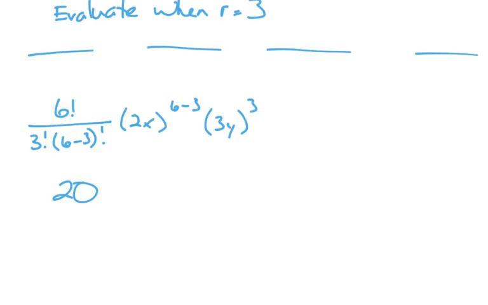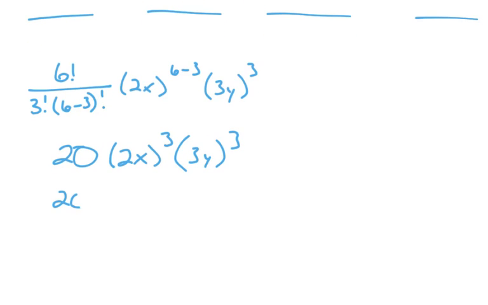2x to the 6 minus 3 power is really the same thing as 2x to the third power, and this is still 3y to the third power. We're still going to have the 20. 2x to the third power is going to be 8x cubed. Notice once you expand this, the exponent goes from outside to inside. This is 2x times 2x times 2x, which is 8x cubed. Same thing happens with 3y to the third, which is 27y to the third power.